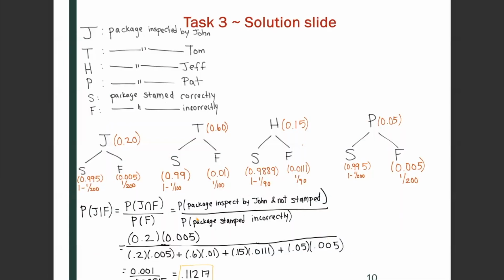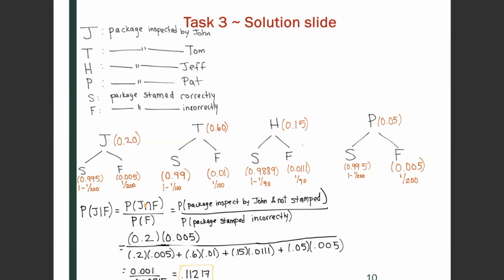So in other words, we're interested in, given that our package is stamped incorrectly, what is the probability that it was stamped by John? So in other words, what is the probability of J given F?